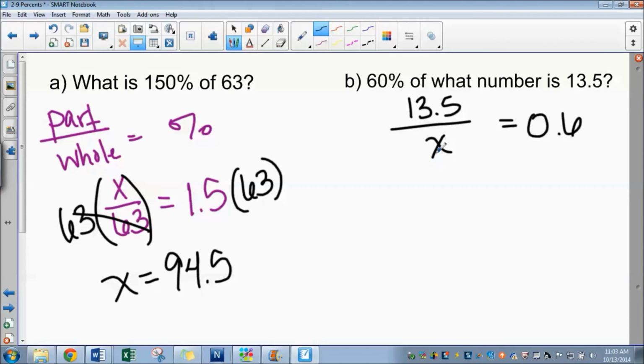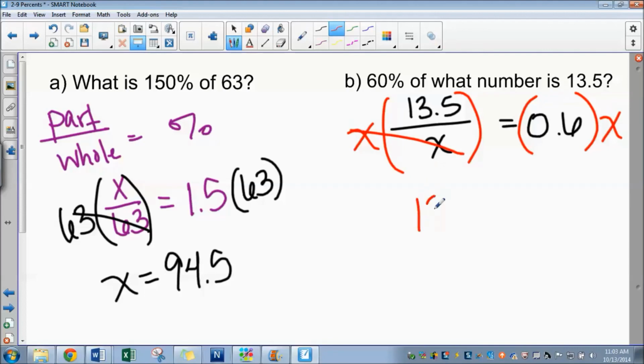X is what's being divided. It's not being divided by 13.5. I'm starting with 13.5 over x. So I'm going to multiply both sides by x to get that out of the denominator. So x divided by x would cancel there. So I have 13.5 on the left is equal to 0.6x. Okay? Now I'm ready to undo multiplying by 0.6 by dividing both sides by 0.6.